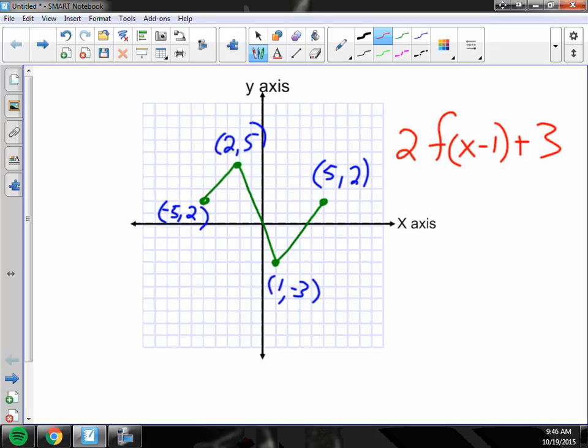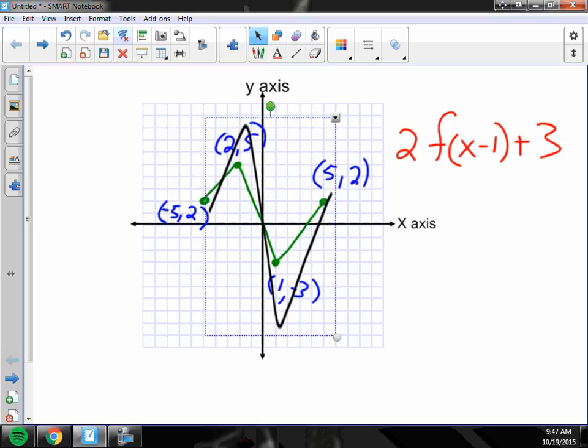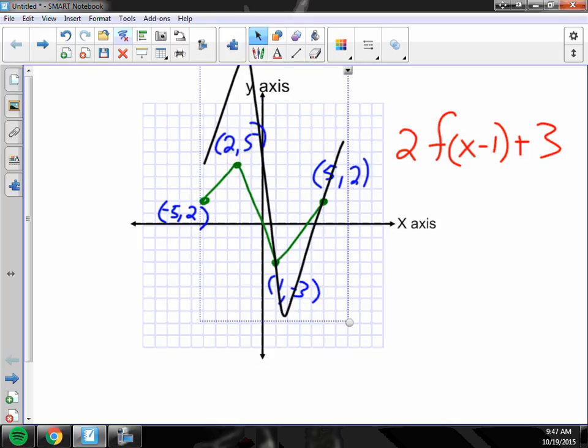So I'll take this graph here, move it up 3, move it to the right 1, and then make it twice as tall. I wonder if I can break that. So like that.